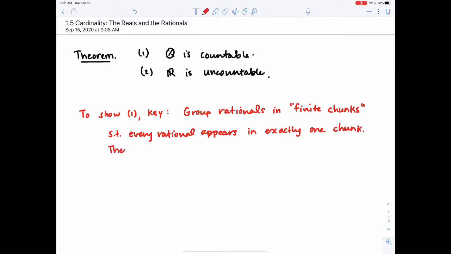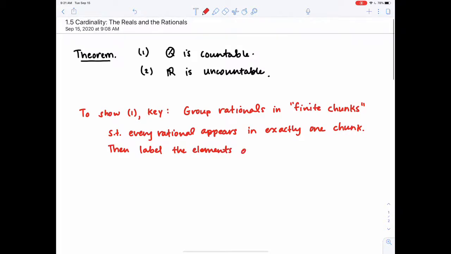Then label the elements one chunk at a time. Now, what do I mean by this?